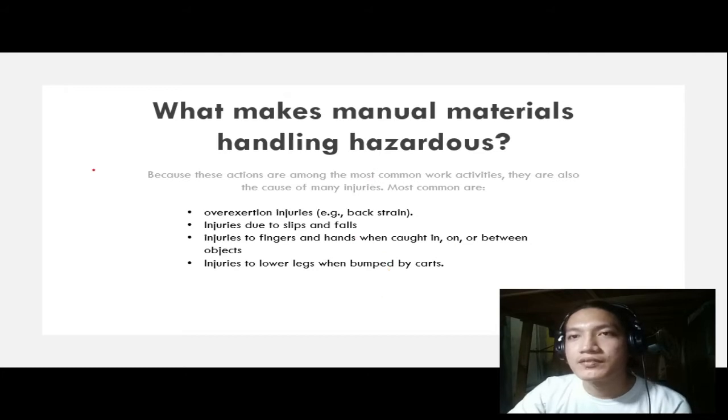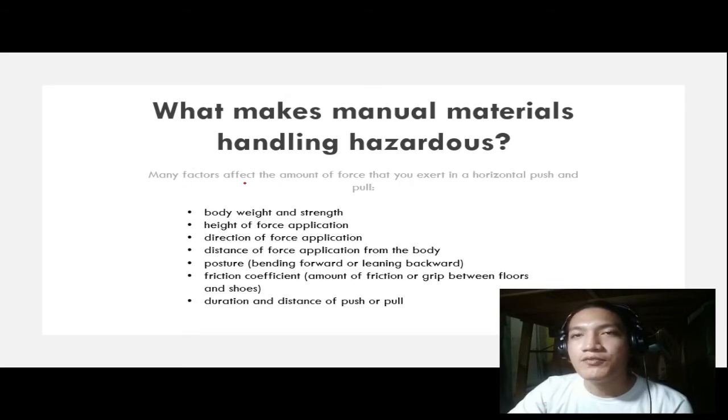Many factors affect the amount of force that you exert in a horizontal push and pull. Meaning, many things affect how strongly or how weakly you push.